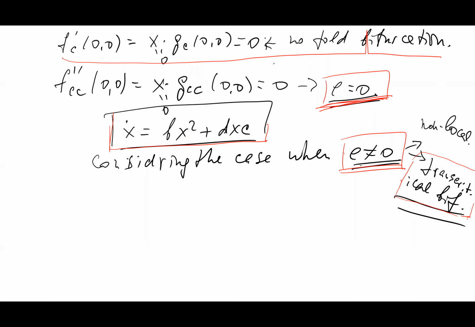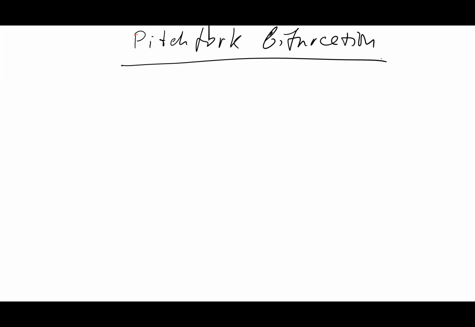Now I want to go to the last, third bifurcation, which is pitchfork bifurcation. So again, let's look at the second order approximation of our flow around 0.